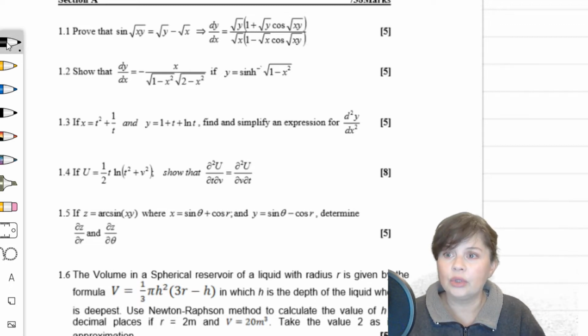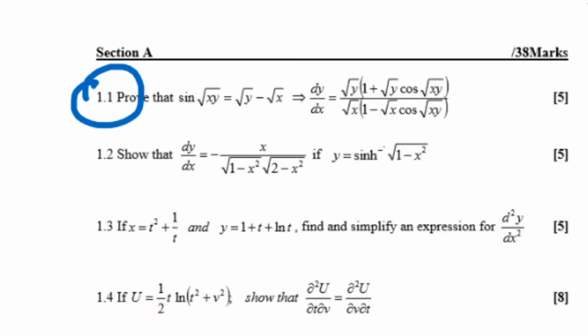Okay, so we are going to be looking at this question here. One thing you need to notice is that they say you need to prove that from this function you get this derivative. Now when they write the derivative like that, it gives you a clue as to what is the dependent and what is the independent variable.